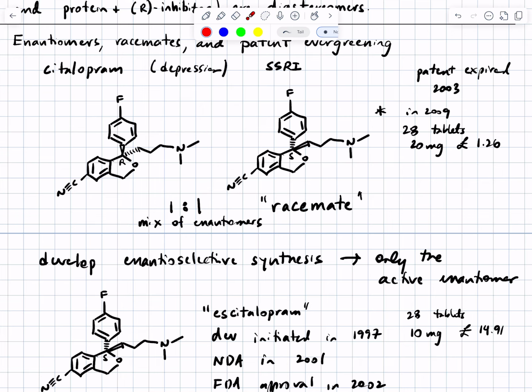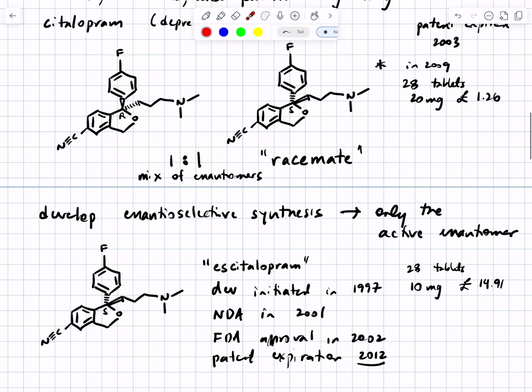There will be drug sales reps coming to your office to try to convince you that you need to prescribe certain things to your patients. If some guy comes to your office and says, hey, I have the pure enantiomer now, you should really switch your patients to that. That might be true because the pure enantiomer might be superior, but you should also take into account cost and whether the benefits are worth the cost.